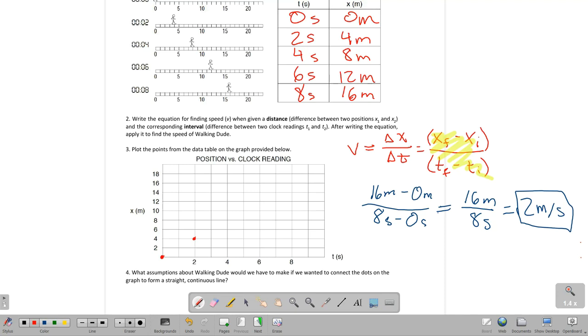Then we're going to 4 seconds and 8 meters. Then 6 seconds and 12 meters. And then 8 and 16. And then we would just connect those dots there.